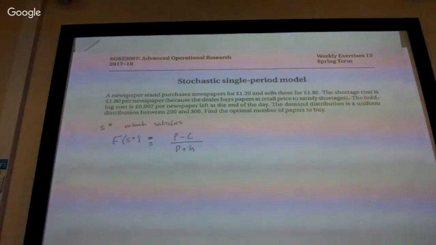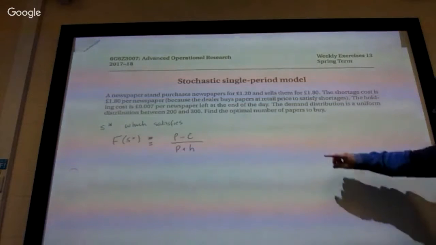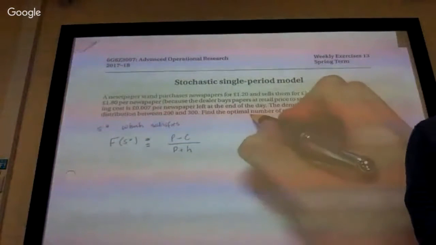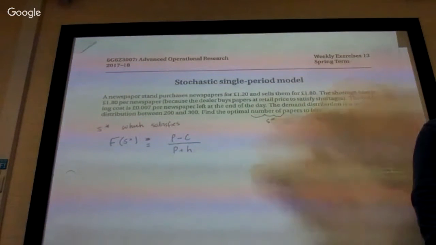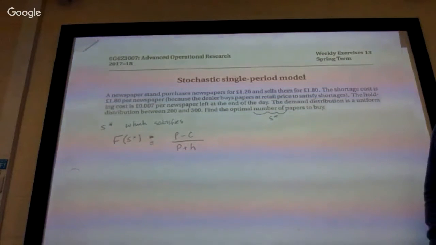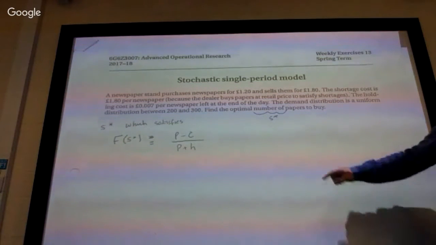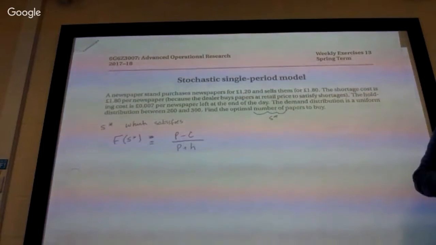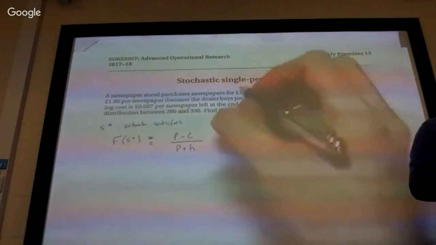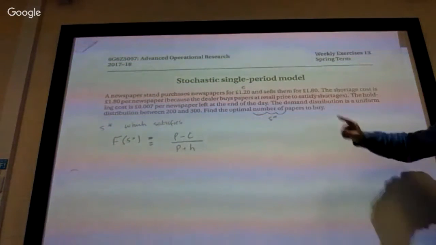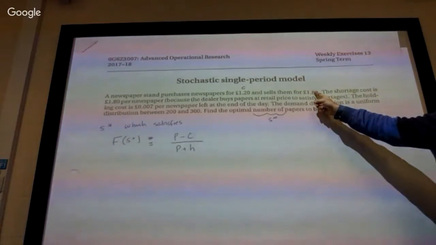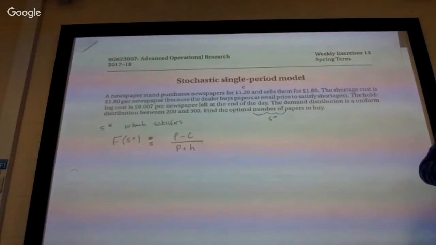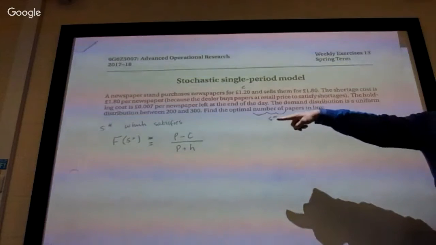Okay, so S star is the value that we're looking for, the optimal number of papers to buy. That's the S star. $120, that's the purchase cost, that's the little c. 180, that's how much we sell it for, which is not in the formula.